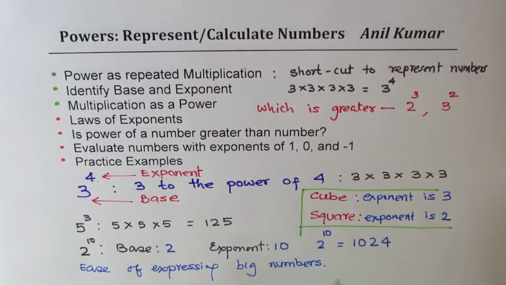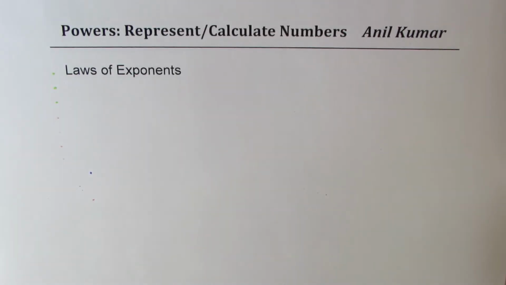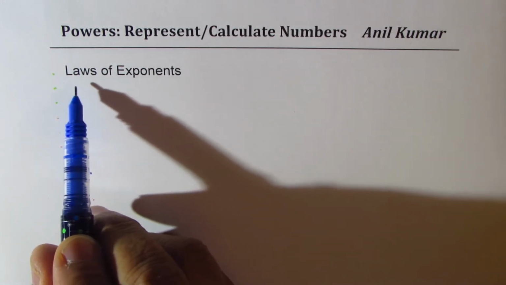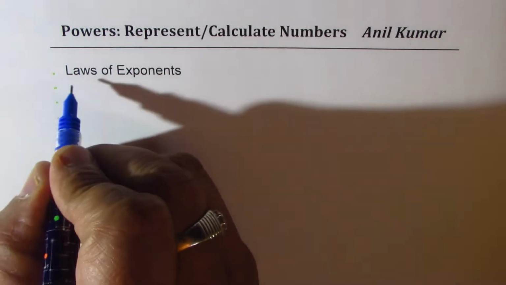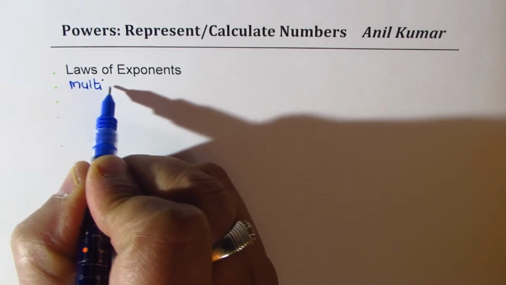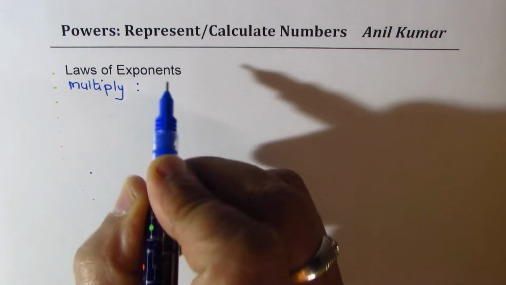Now we are going to move on to laws of exponents and see what happens when we multiply and divide numbers with powers. That is a critical part which we are going to learn now. We'll take very simple examples to figure out these laws. First, what happens when we multiply? Let's take two numbers.